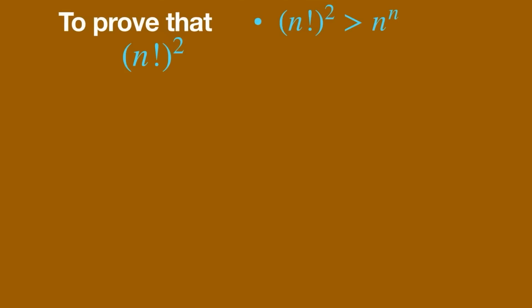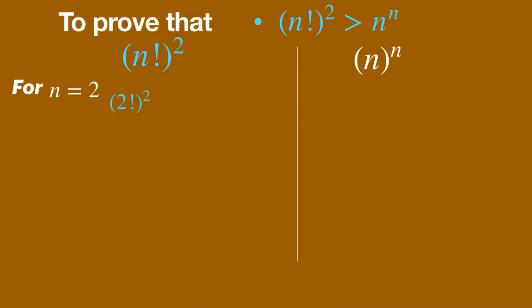Now see, here we may compare (n factorial) square and n to the power n for some small values of n. Suppose for n equal to 2, (2 factorial) square is 1 into 2 whole square, that is 2 square, that is 4, and 2 to the power 2 is 4.